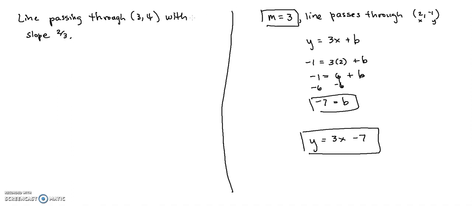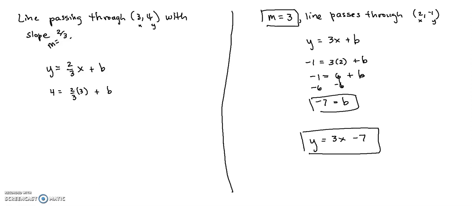The slope is 2/3, so we can put that into our equation: 2/3 x plus b. Then if we put in our x and our y, we should be able to figure out what b is. Here's our x, here's our y, and we plug that in. 4 equals 2/3 times 3 plus b.